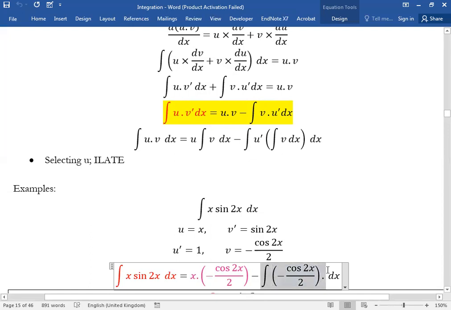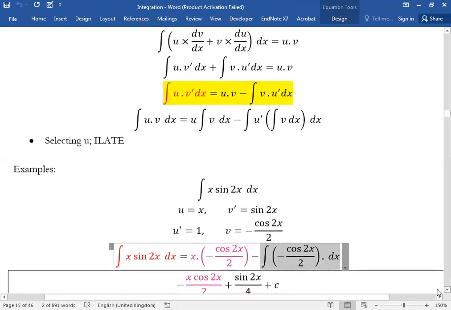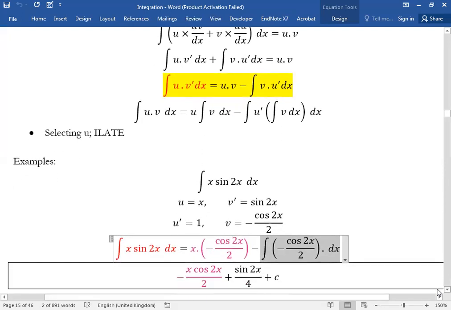Remember, this is the part that you still need to integrate. And this is what you get. Never forget the arbitrary constant if you have indefinite integrals. Don't forget to put plus C. You can put that plus C after the entire process of integration. Is this what everyone got? Is this clear?